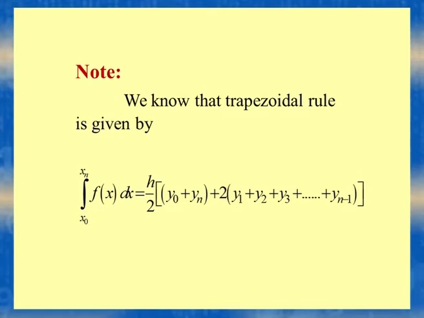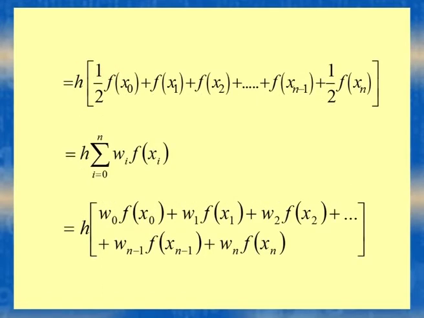Okay. We know that the trapezoidal rule is given by integral x naught to xn f of x dx is equal to h by 2 times the sum of first and last ordinate plus 2 times the remaining. You can see the weightages. So, 1 by 2 f of x naught plus f of x1 plus f of x2 etc. plus f of xn minus 1 plus 1 by 2 into f of xn. So, here it is h into summation i is equal to 0 to n wi f of xi.